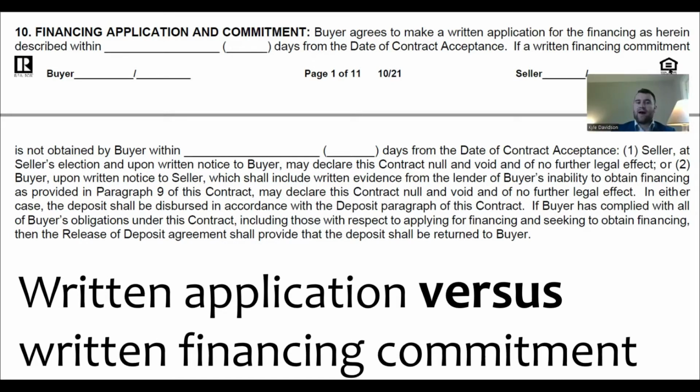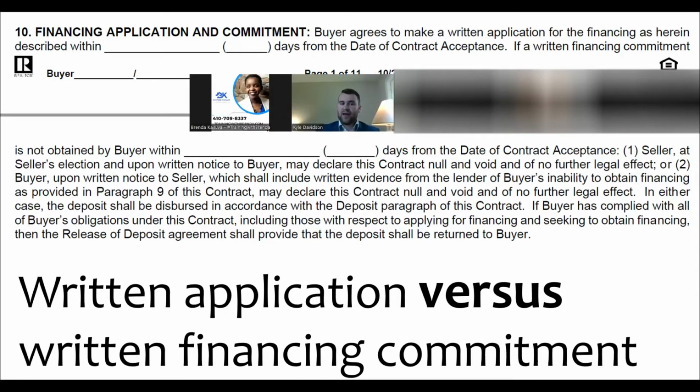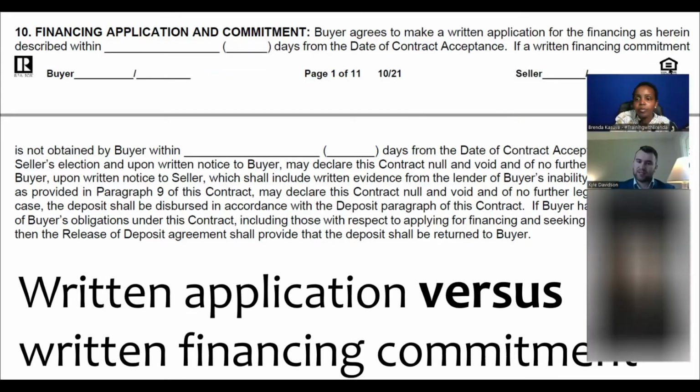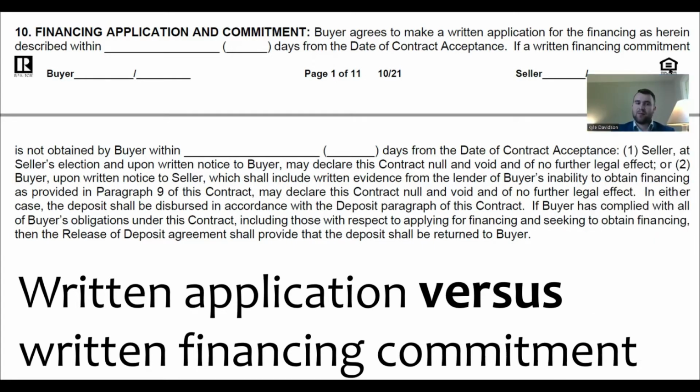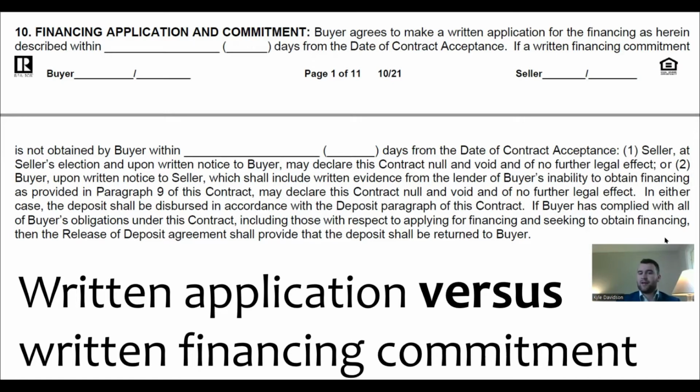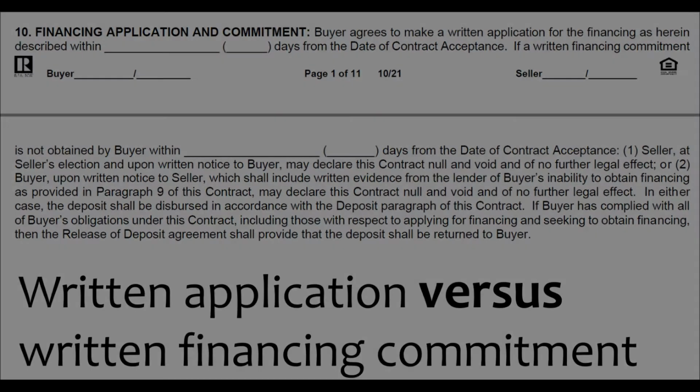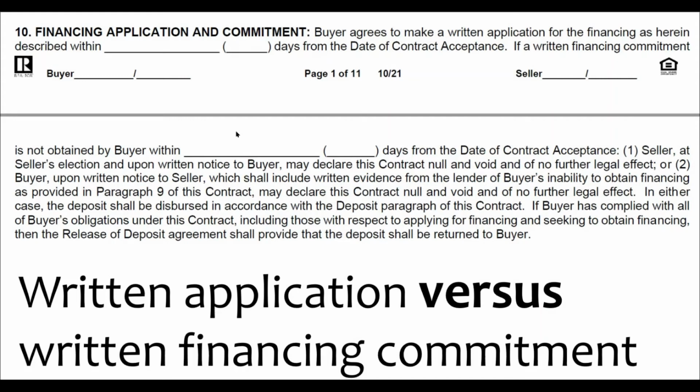So in order to have an application, we have to have that in the accepted contract. And from there, we'll just put the address in, and obviously the interest rate can change. At that time, the borrower will also lock in their interest rate, at which point it will not change for the duration of the time until closing. Got it. Thank you. So I guess the general rule of thumb is to put 3 days for the application.